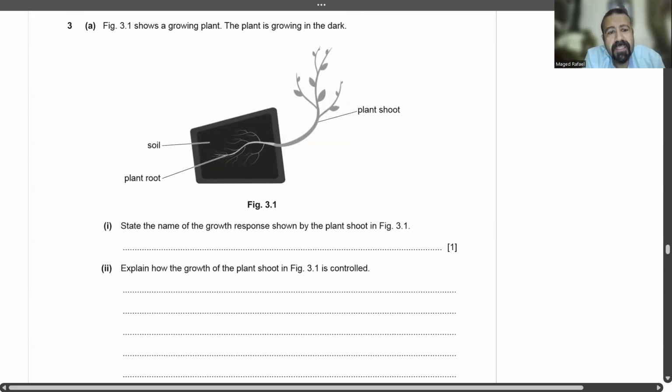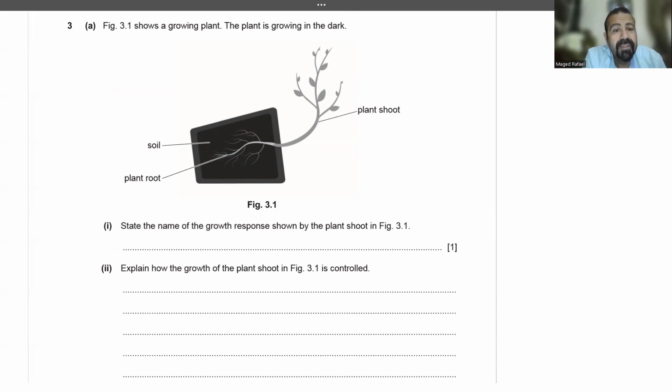This is a growing plant, and the plant is growing in the dark. He wants the name of the growth response shown by the plant shoot in figure 3.1 and to explain how the growth of the plant shoot is controlled.